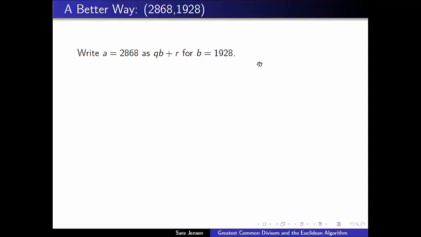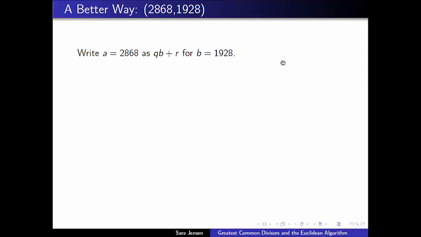When we go ahead and do that computation, which is really straightforward, we find a Q value of 1 and an R value of 940. What the Euclidean algorithm is going to have us do is repeat this process of using two numbers and the quotient remainder theorem until it terminates somehow.